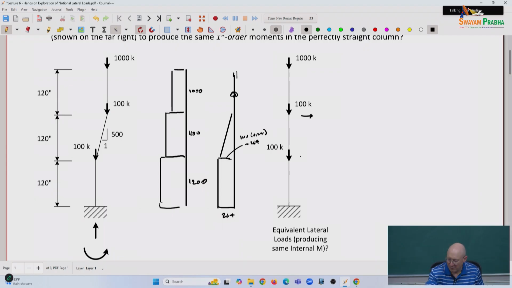If I apply equal and opposite shears, those are P delta shears, to that story, P times delta over L. What's the P here? The P we're looking at producing the moment at the bottom of that story is 1,100. It's the P in that story. So 1,100.